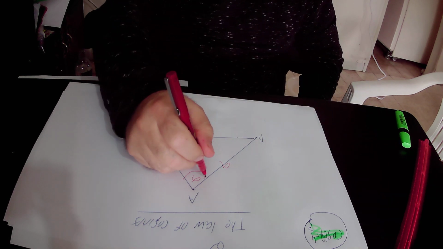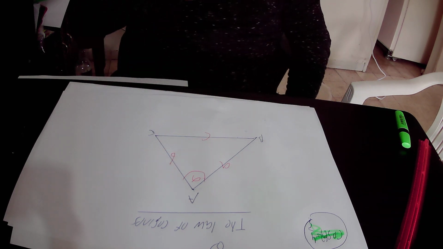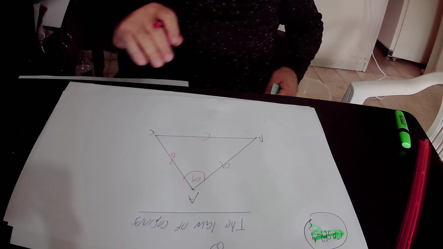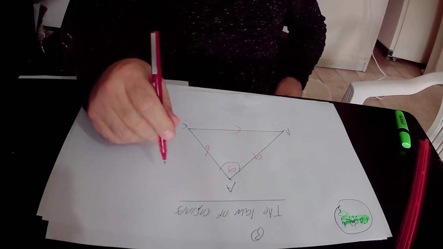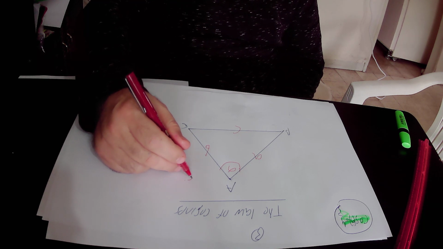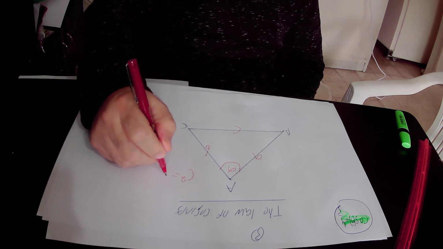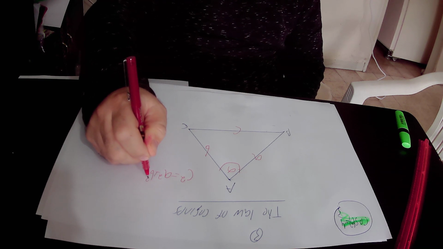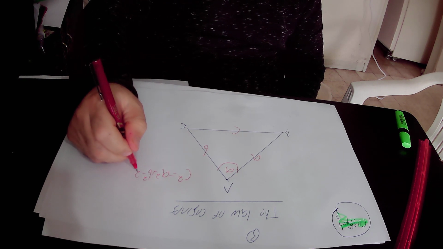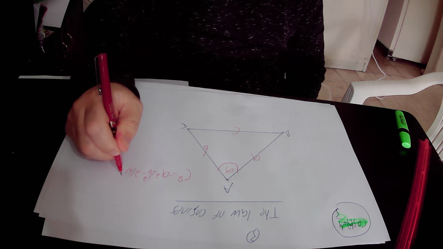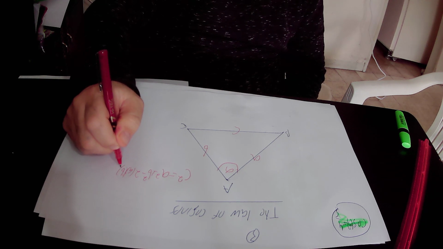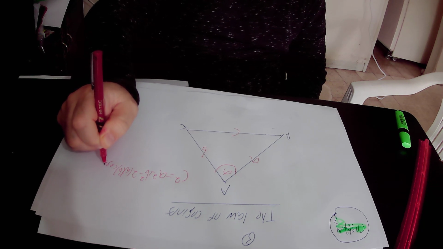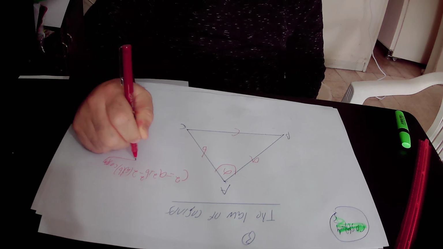Then according to the law of cosines, we will get that c squared equals a squared plus b squared minus 2 times a times b times cosine alpha.